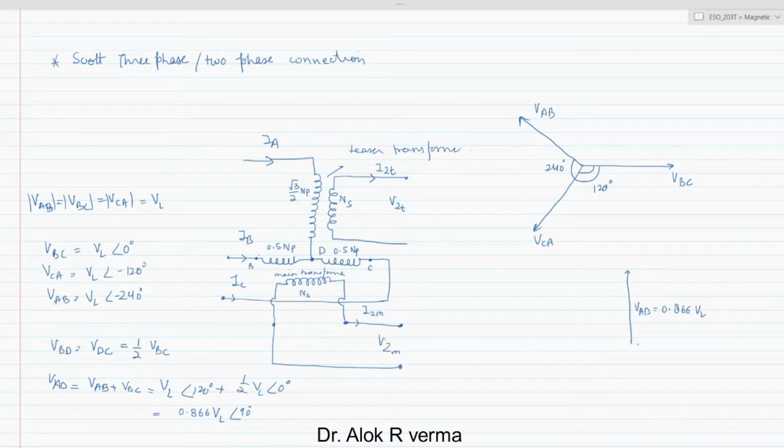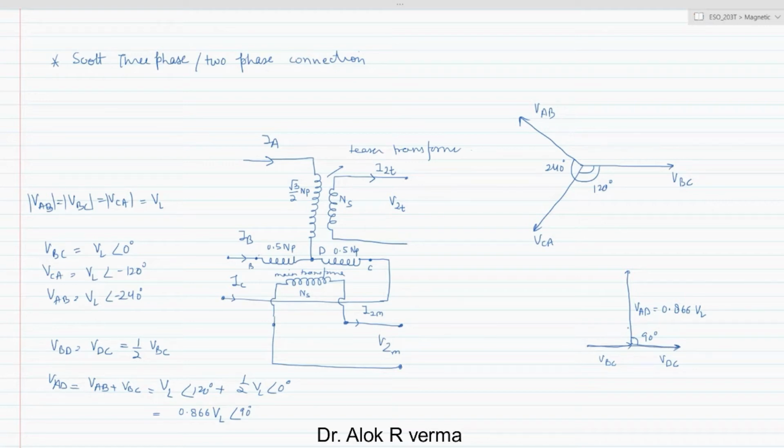And then we have VBD plus VDC, which is 0.5. So now clearly you see the angle between these two is 90 degrees, and VBC is taken as the reference. This total is VBC.